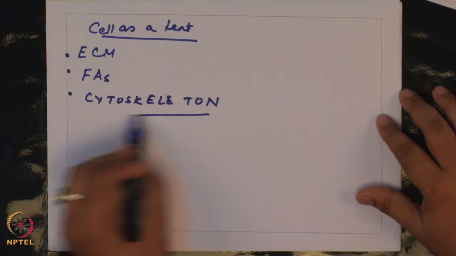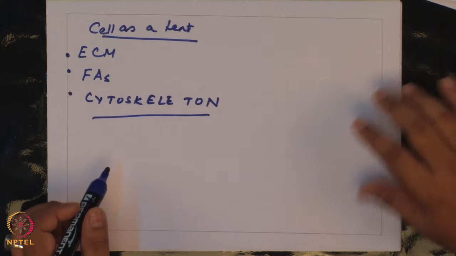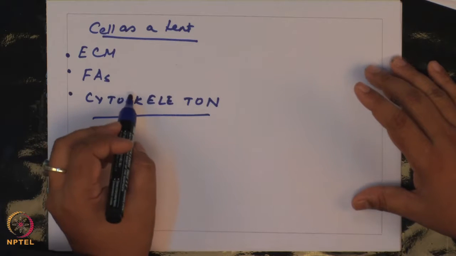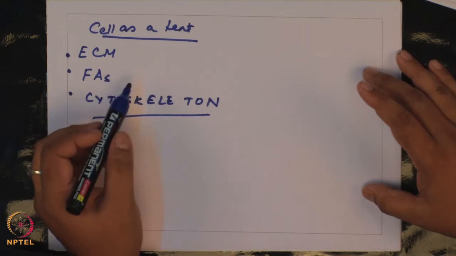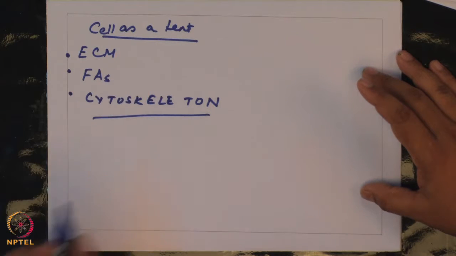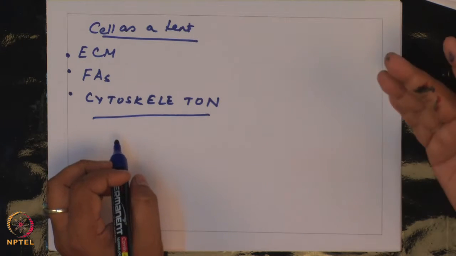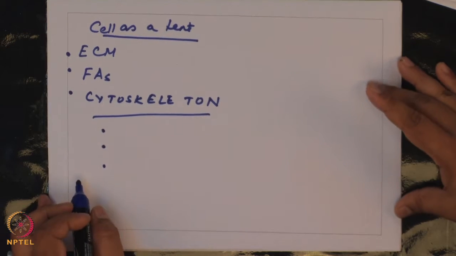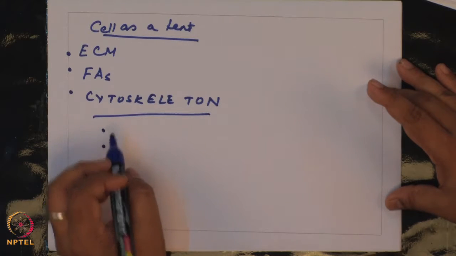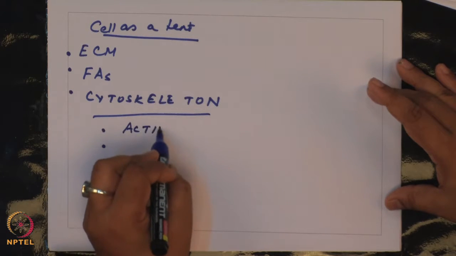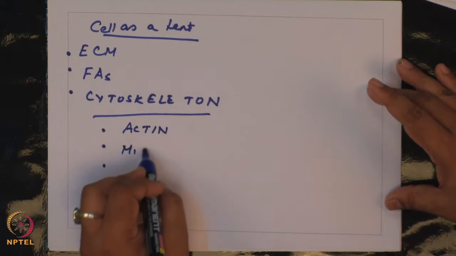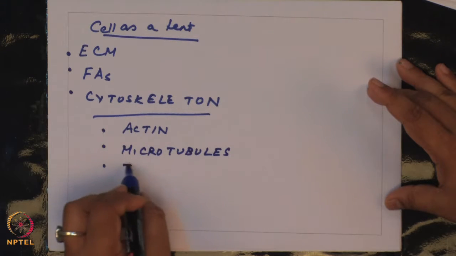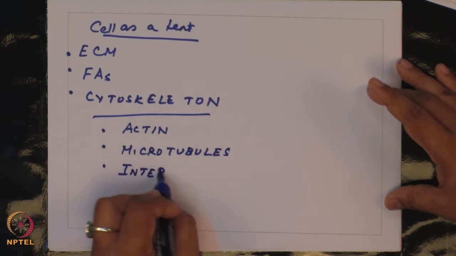So, the cytoskeleton is the machinery which is required for cell stability, but it is also the one which regulates the forces which are acting at focal adhesions. Okay. So, most of you know what the cytoskeleton is, but I still thought of giving a brief overview of the cytoskeleton. Okay. So, there are three different filament types: one made of actin, one made of microtubules, one made of intermediate filaments.